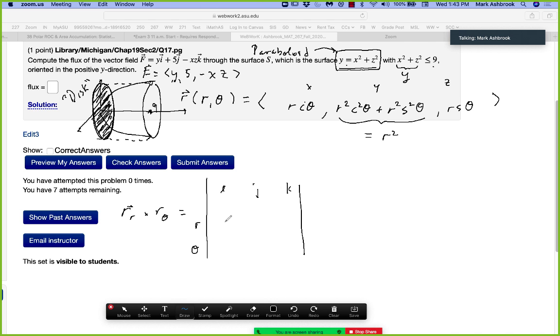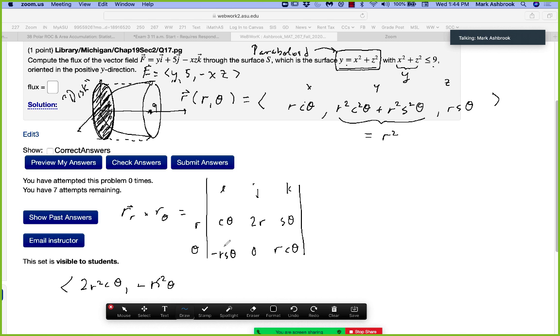Partial with respect to r: cosine theta, 2r, sine theta. Partial with respect to theta: minus r sine theta, 0, r cosine theta. Cross product. I will be down to the right, 2r squared cosine theta. Down to the left, 0. J minus, down to the right, it would be minus r sine squared theta.